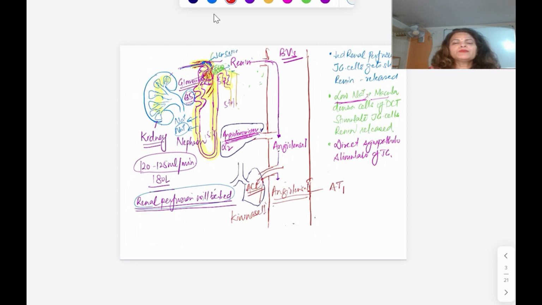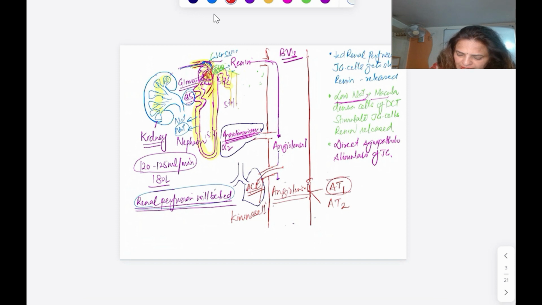See, there are two types of receptor, AT1 and AT2. They are a little bit confusing. Many students think AT1 is for angiotensin 1 and AT2 is for angiotensin 2. Both receptors are for angiotensin 2.